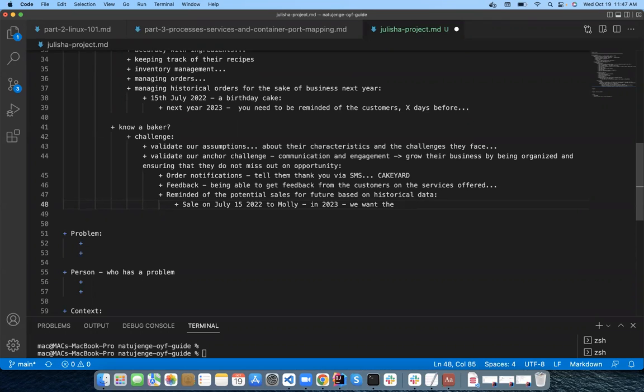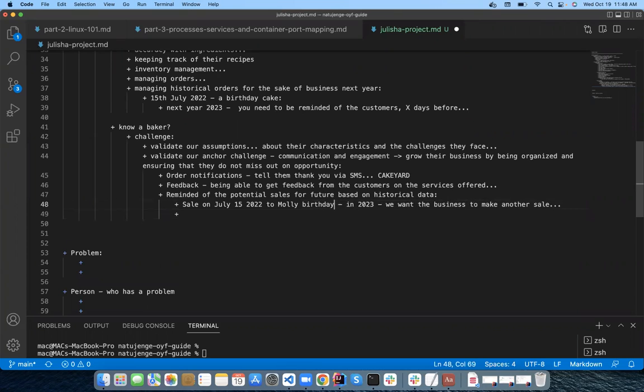We'd like the business to make another sale. People forget easily. With a lot of data, you can forget easily. Now, I don't know whether there is another challenge that you see we can help them with in terms of reminding them. What else? And if this can happen for the anniversary. Anniversary. So what else?